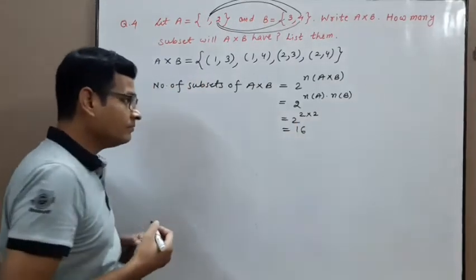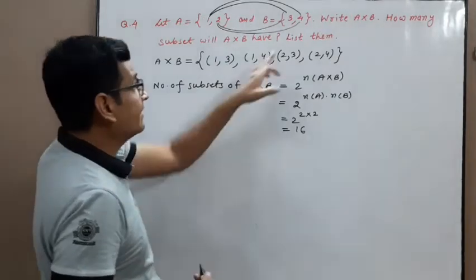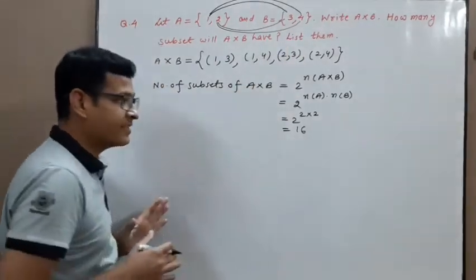Or we can count also: 1, 2, 3, 4. After this, list them. So write all 16 subsets.